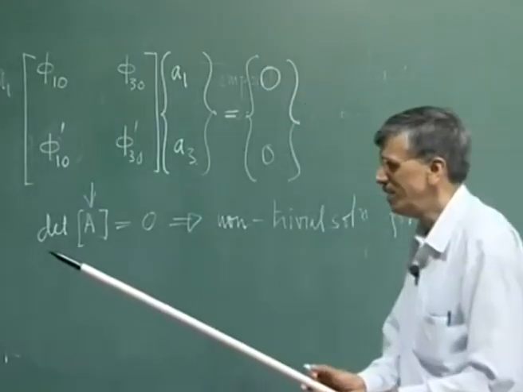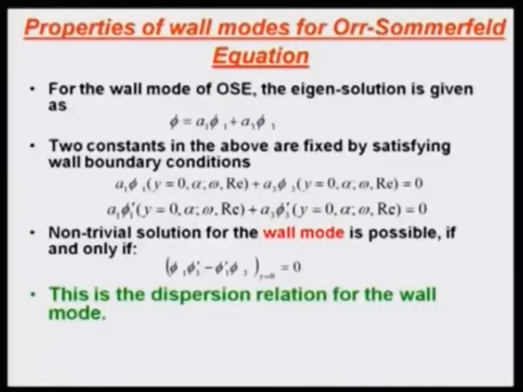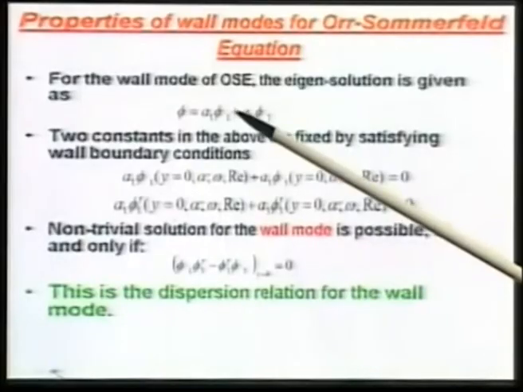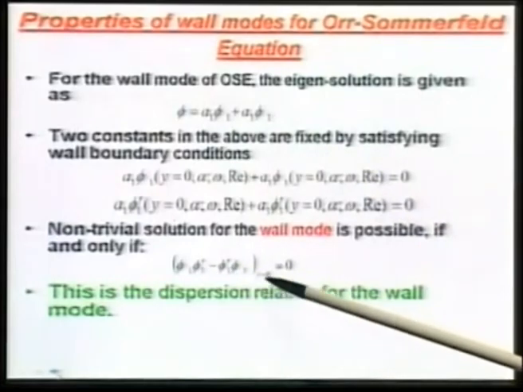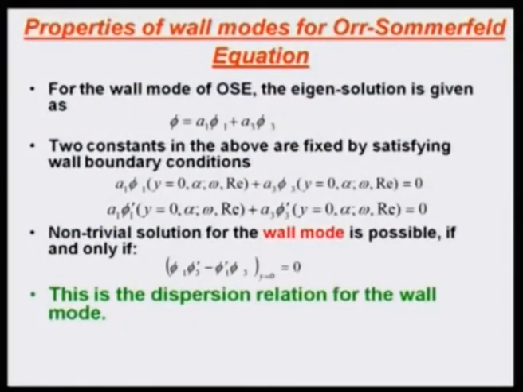So, this is what is required of these two fundamental modes phi 1 and phi 3, evaluated at the wall: the determinant should be equal to 0. This will be equal to 0 not for all possible combinations of alpha, Re and omega, but only for selective configurations.